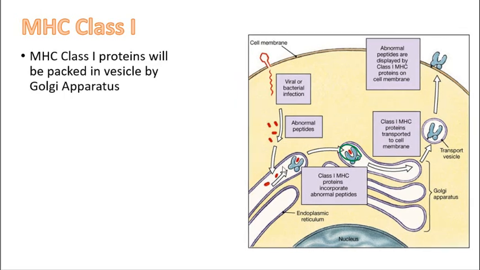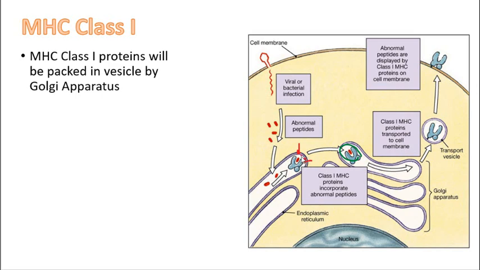Inside the rough endoplasmic reticulum, the MHC class 1 protein will pick up a bacterial peptide. This blue one that you see is the MHC class 1 protein. This red one that you see is the bacterial or viral peptide. So it picks up this viral peptide.